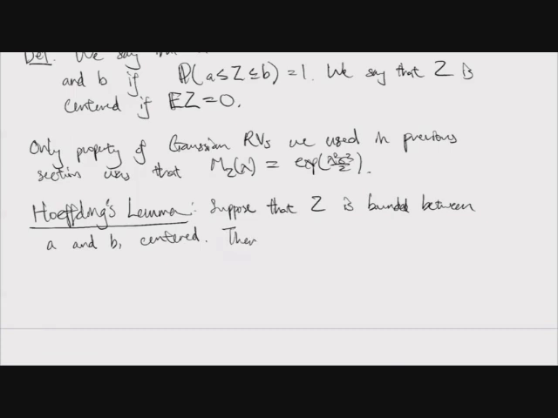Then the MGF of Z is bounded from above by exp of (b minus a) squared divided by 8, times lambda squared. All right, so we don't have an exact computation anymore, but we have an inequality. And this inequality is good enough.